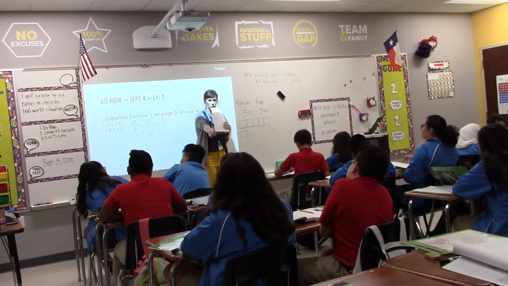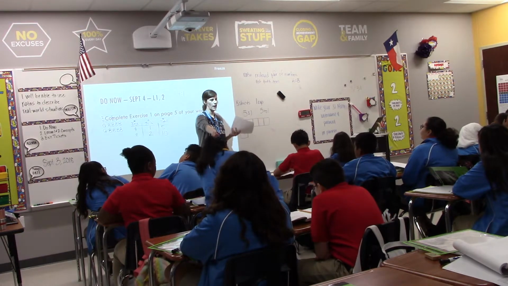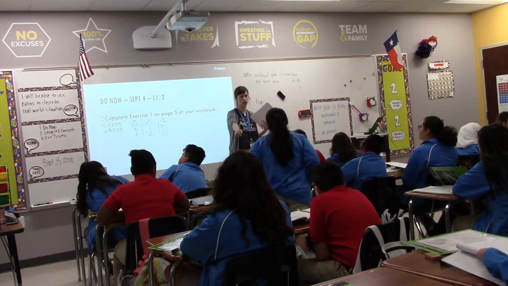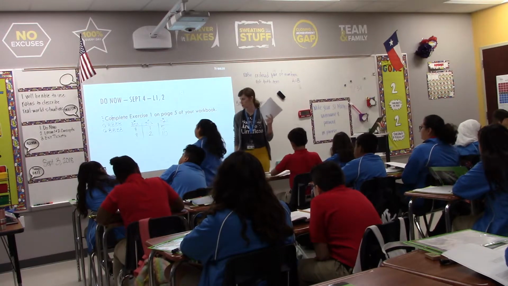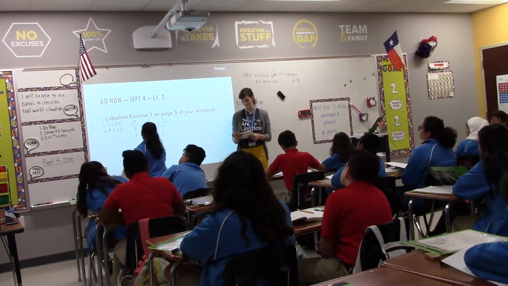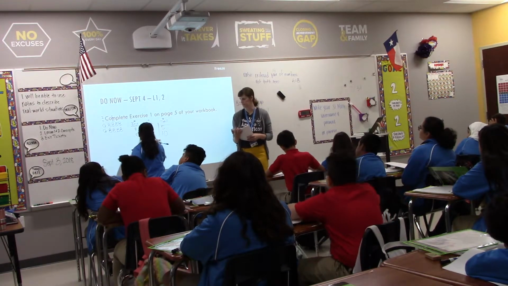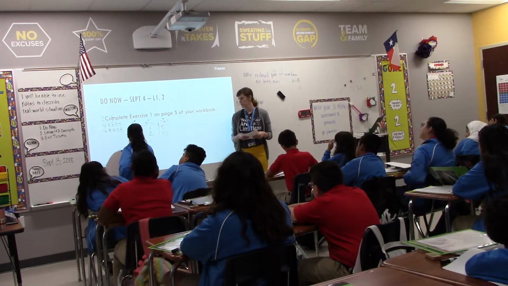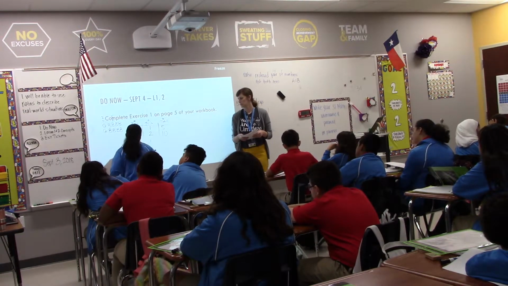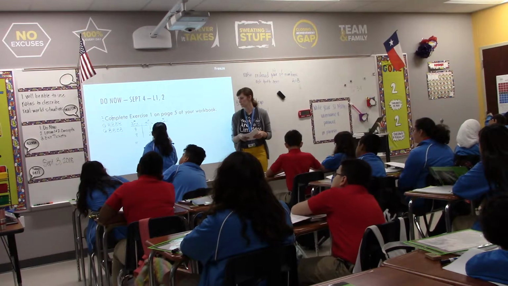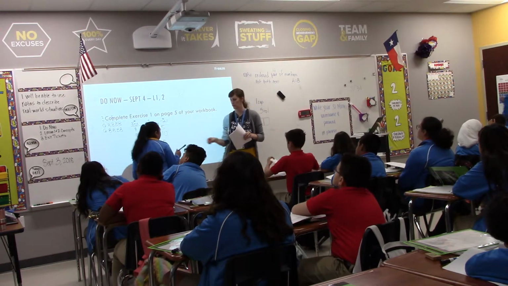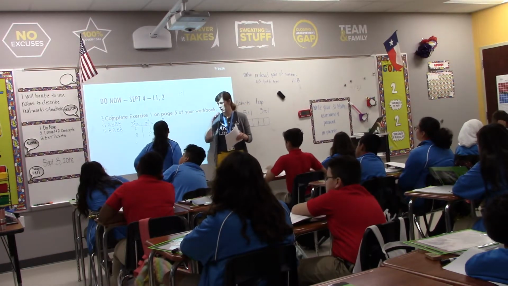Sienna, come show us what you did. You're tracking Sienna, tracking the board. Show us what you did. Fill in those blanks. Beautiful. Now, can you tell us what you did here?